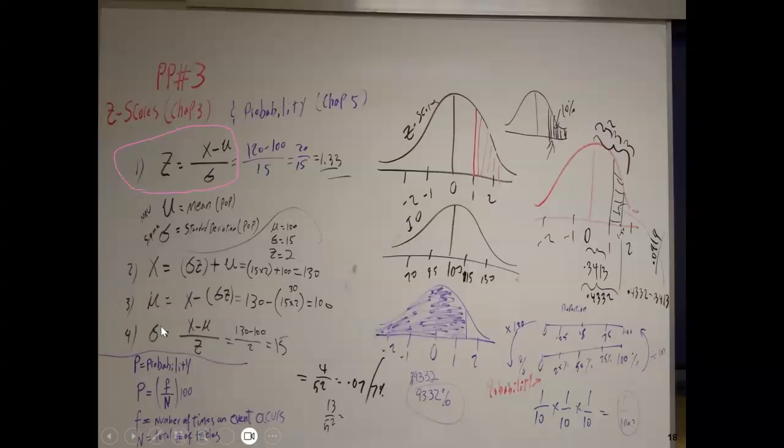The sigma, number 4, which is like a Hershey kiss, is the standard deviation of the population, and this is how you calculate it. I give you the score x, which is 130, the mean for IQ, 100, and the z-score, which is 2. That gives you the standard deviation for that distribution, which for IQ is 15.